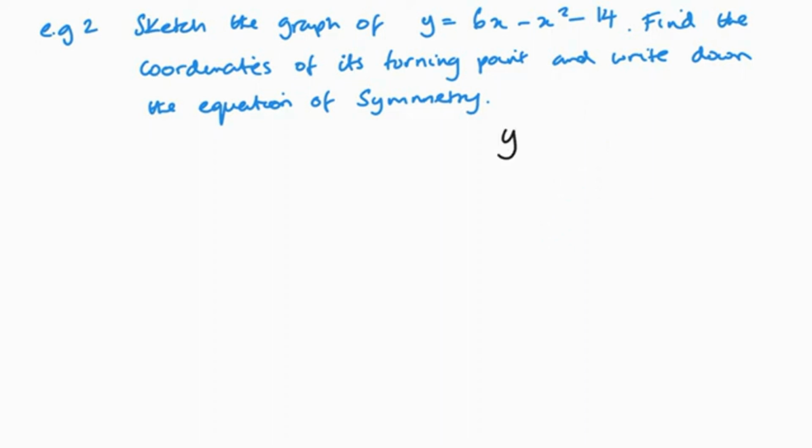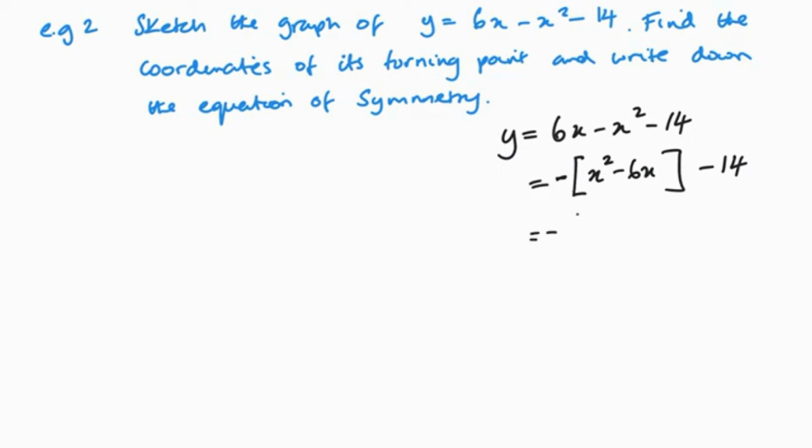Now again, we can start off with 6x minus x squared minus 14. Now we can complete the square, but before we do, we really need to take a minus outside this. So let's just do that for this part of the graph, just like when we factorize a number out. We're factorizing it out essentially like a negative 1.